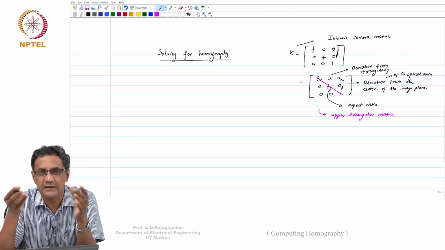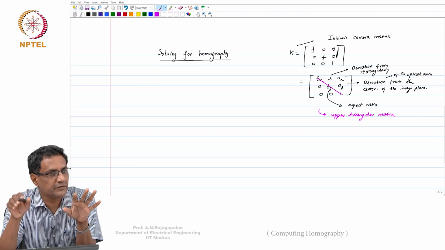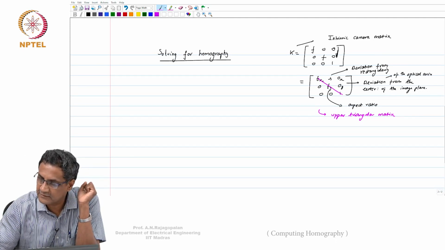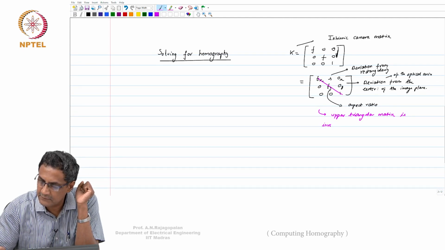So people do all this camera calibration, and there are nice ways to do that. An upper triangular matrix is always invertible as all its diagonal elements are non-zero.